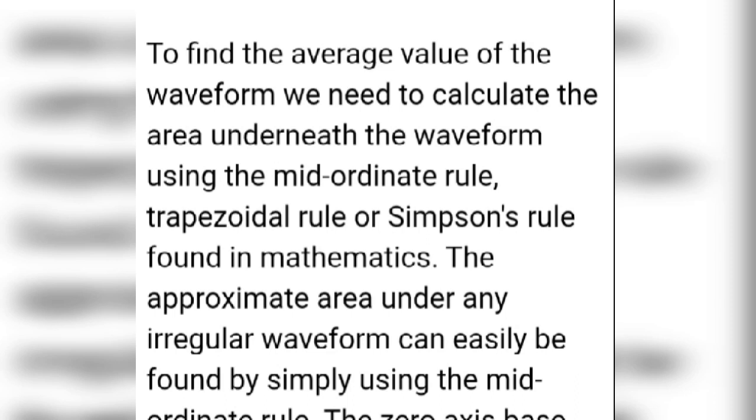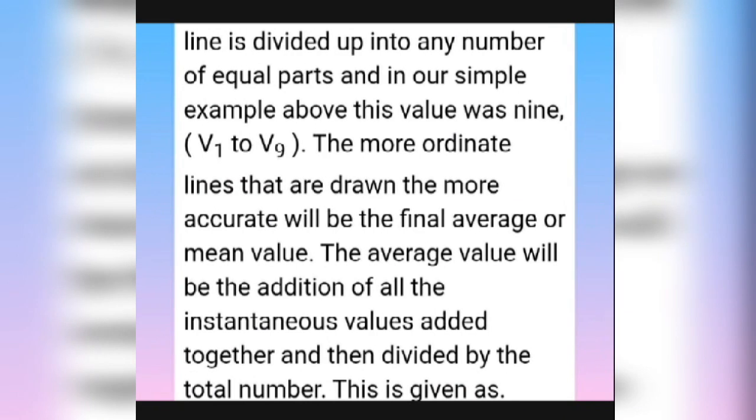The zero-axis base line is divided up into any number of equal parts, and in our simple example above, this value was 9, V1 to V9. The more coordinate lines that are drawn, the more accurate the final average or mean value.